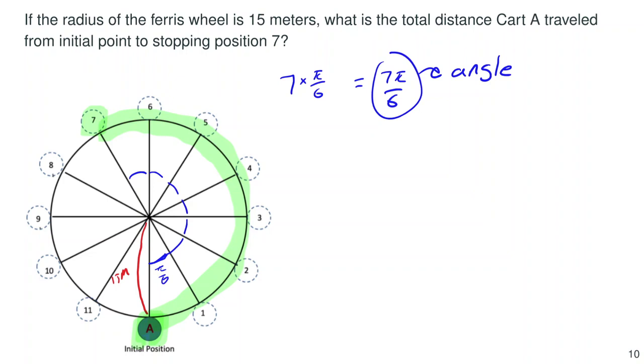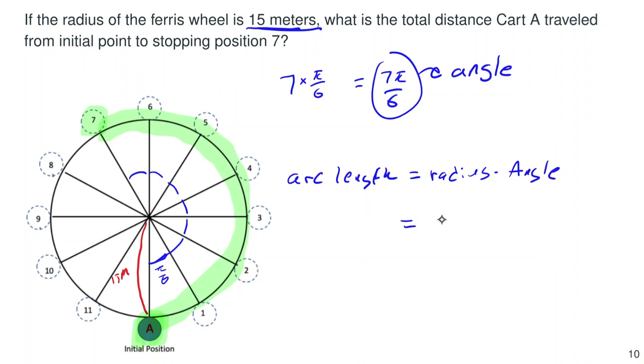But this angle is measured in radius length, assuming the radius is 1. Since now it tells us the radius is 15 meters, the arc length is the radius length times the angle.